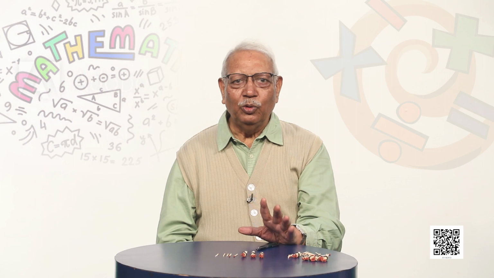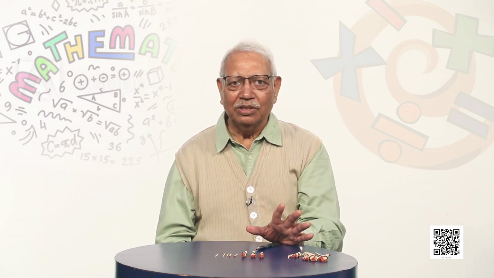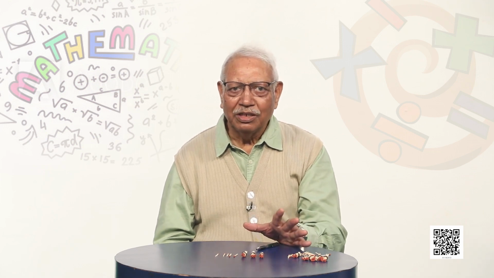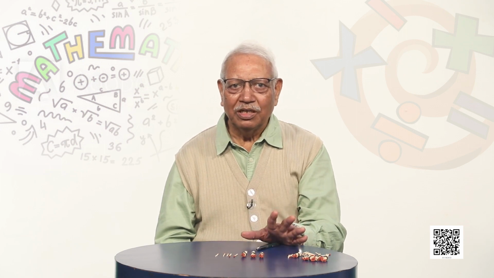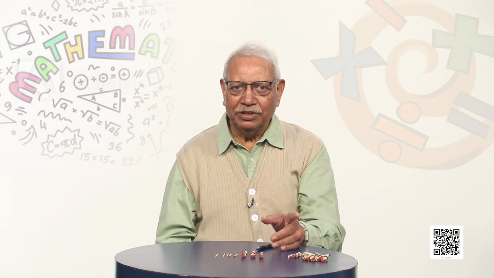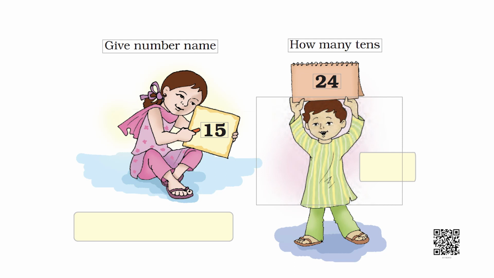And now, you have to look at this number and try to answer this question: how do you speak this number? What is this number? Yes. So, on the left there is 1. So, it means in this number there is 1 ten and 5 ones.